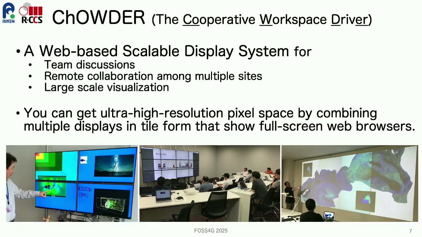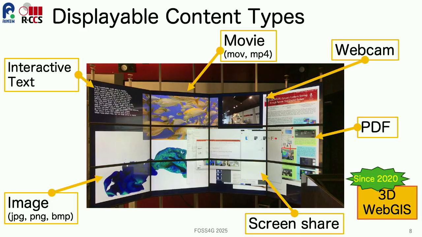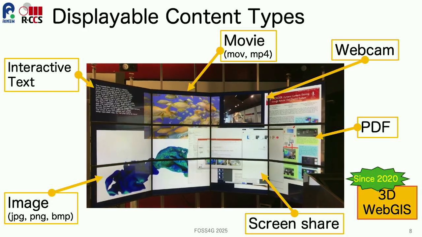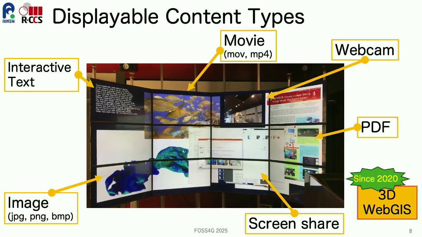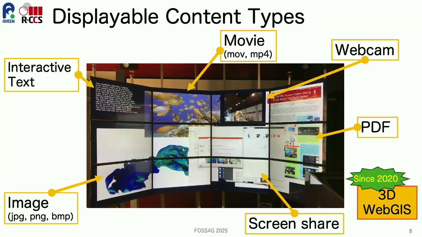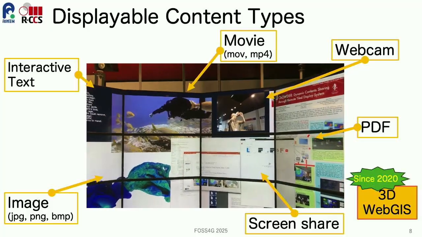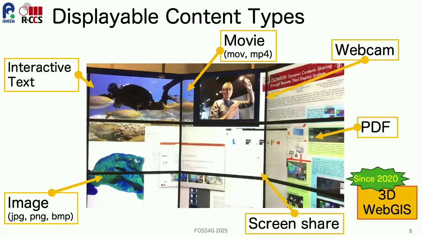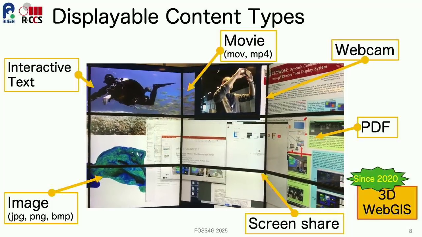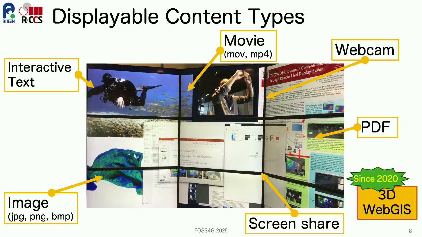We don't need any special software or hardware. And these are the displayable content types on ChOWDER. We can render images, text, movies, webcams, PDFs, and screen share from your laptop. And also, we can render 3D WebGIS.